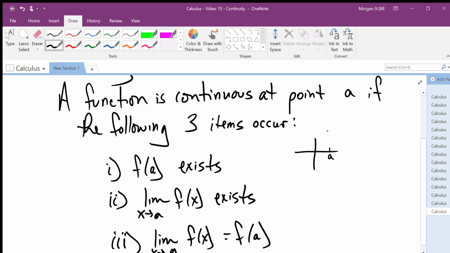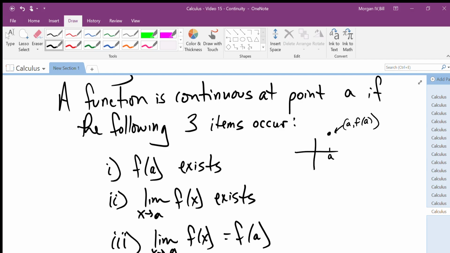This is f of A. There is a dot there. It's not a hole. It's not missing. It's not an asymptote, right? That point does exist at A.